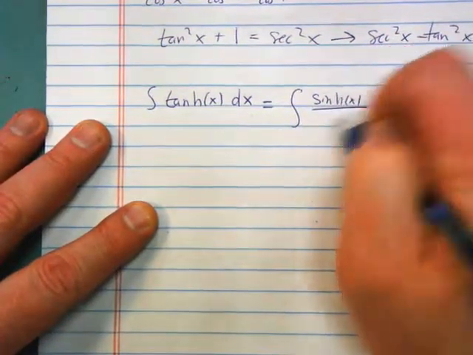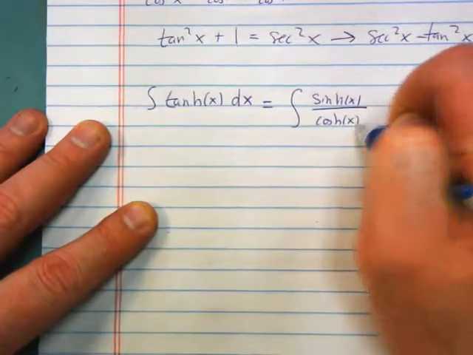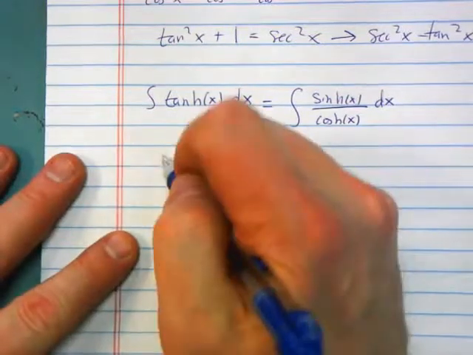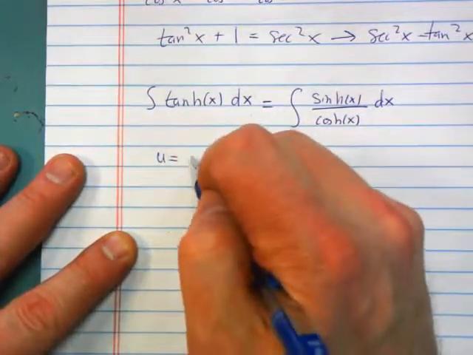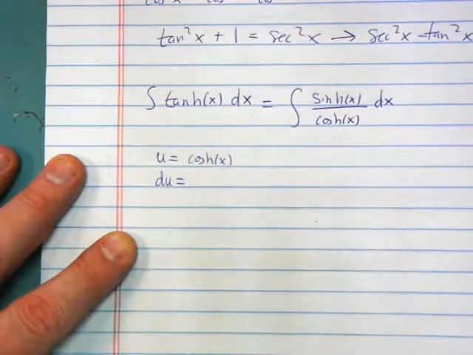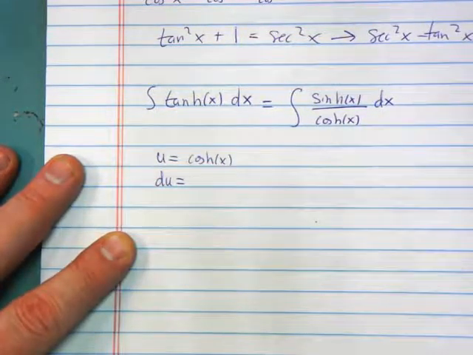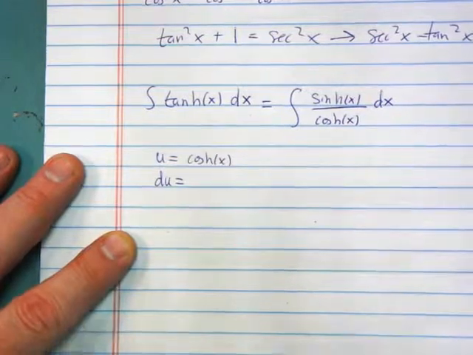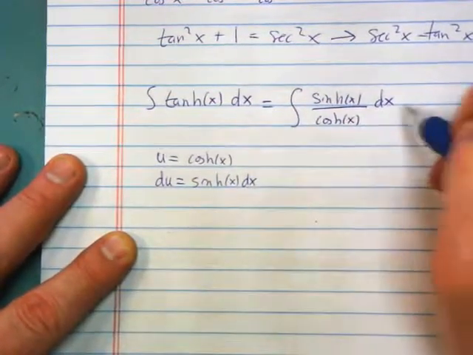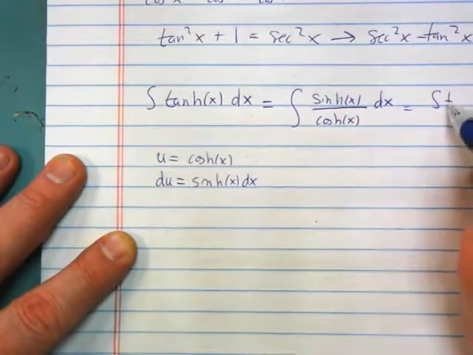Write it as sine over cosine. That sounds like a wonderful idea. Let u equal hyperbolic cosine. Then du, the derivative of hyperbolic cosine, is hyperbolic sine, no minus sign, right? That was one of the things we liked about these. So this becomes the integral of 1 over u du.